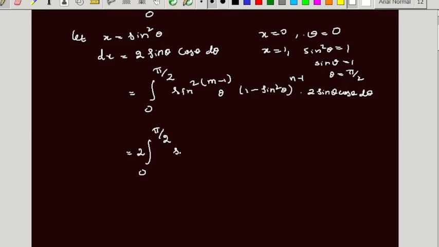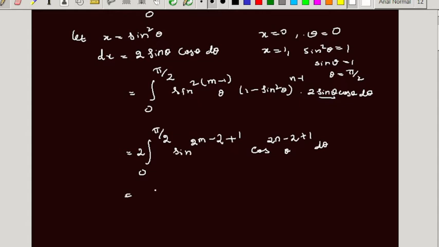This one we can write as sine power 2m minus 2, multiplied by sine theta, so the powers should be added. And here this can be written as cos power 2n minus 2 theta, and cos theta is the plus 1.